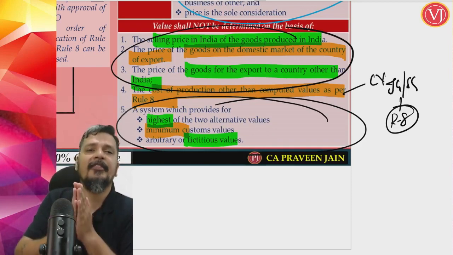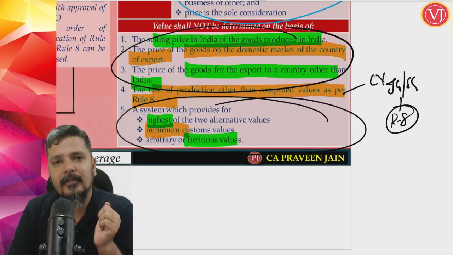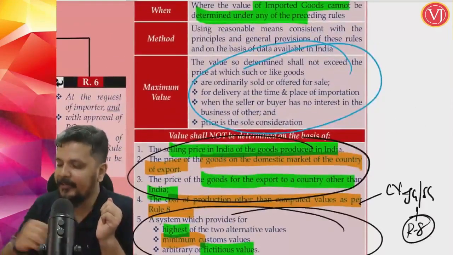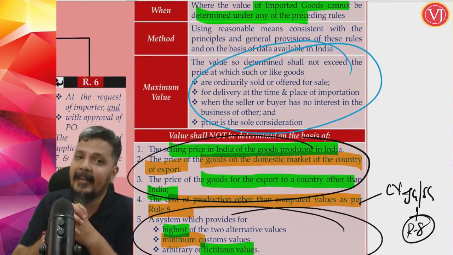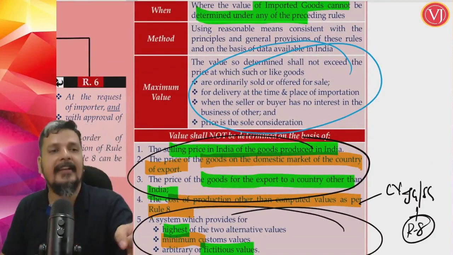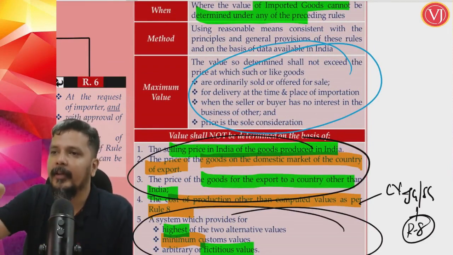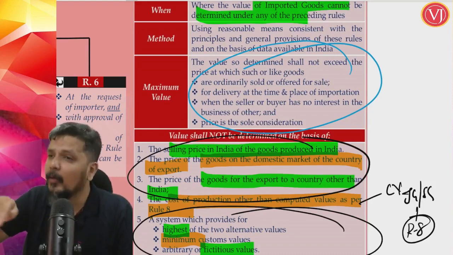For second hand machinery, can you apply depreciated value method? A repeated question. Can you apply depreciated value method under rule 9? Yes, but there is a catch. Even for second hand machinery, start from rule 3, then rule 4, then rule 5, then rule 7, then rule 8, then rule 9.